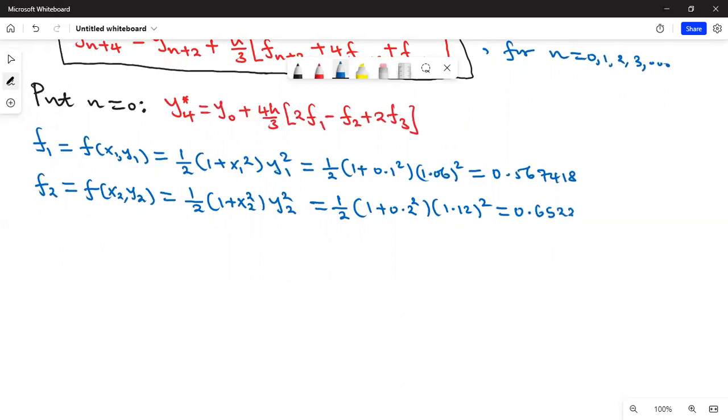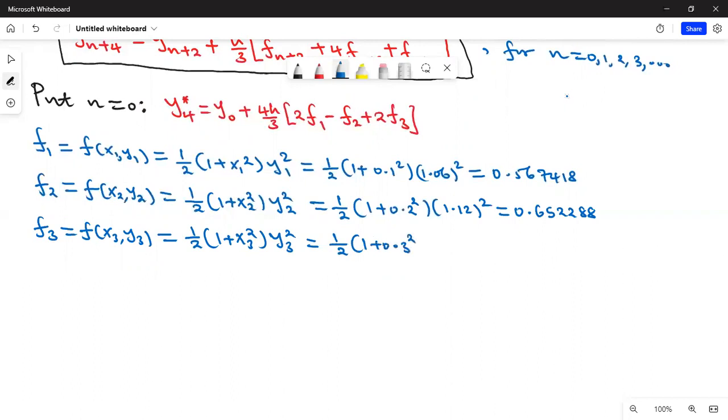We also need the f3, as f of x3, y3, and that's equals to 1 over 2 into 1 plus x3 squared times y3 squared. That is 1 over 2, 1 plus 0.3 squared.